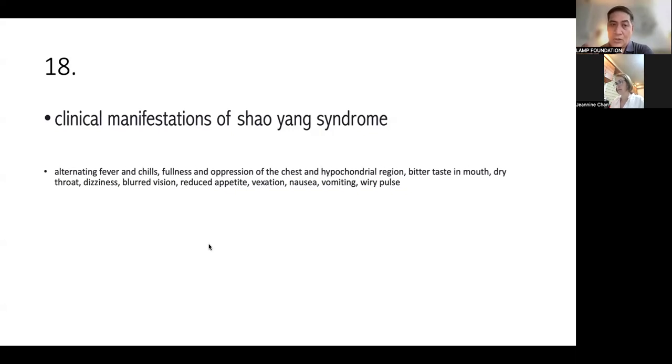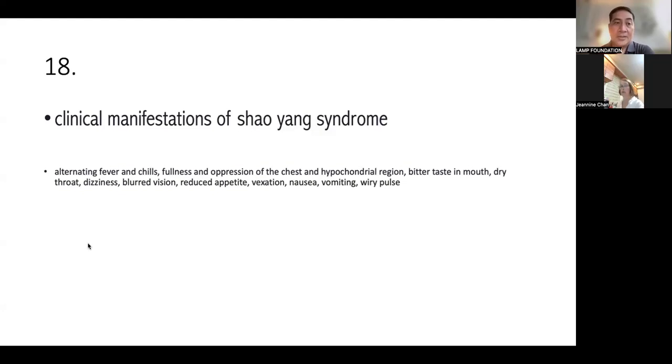That is why there is a bitter taste in the mouth. Remember, gallbladder as well as the Sanjiao. So it's more of the gallbladder thing. Gallbladder is the yang partner of the liver, remember? So there will be a bitter taste in the mouth. Actually, the whole time there will be a bitter taste.